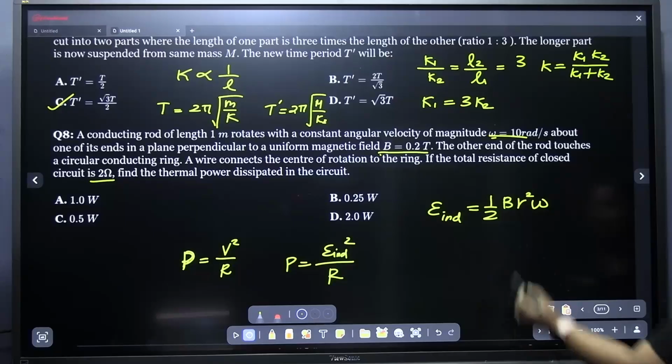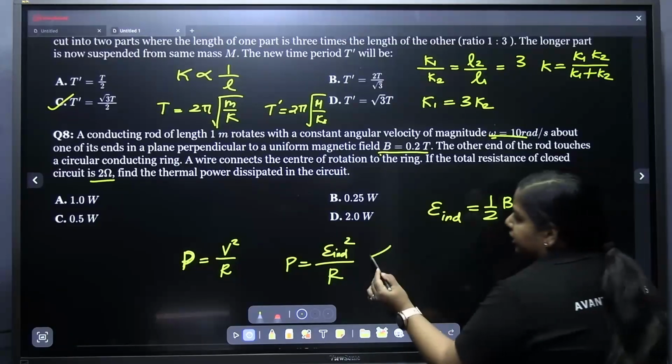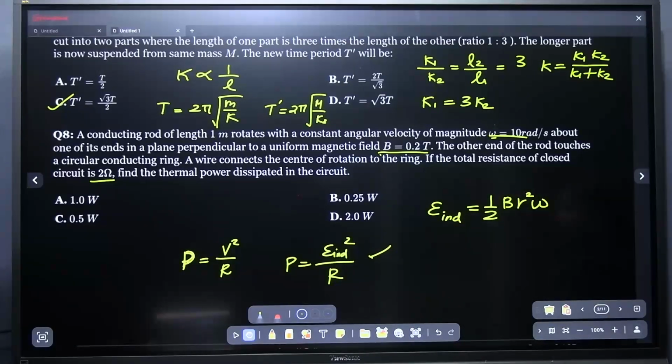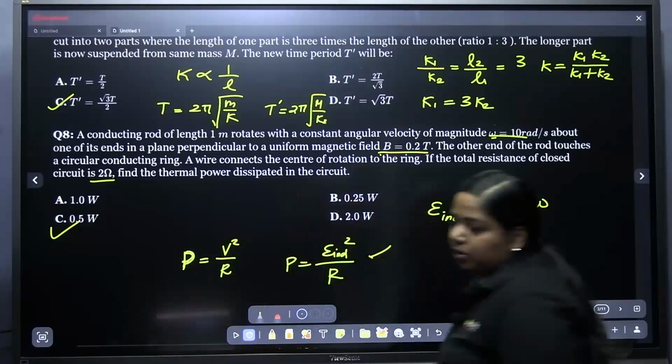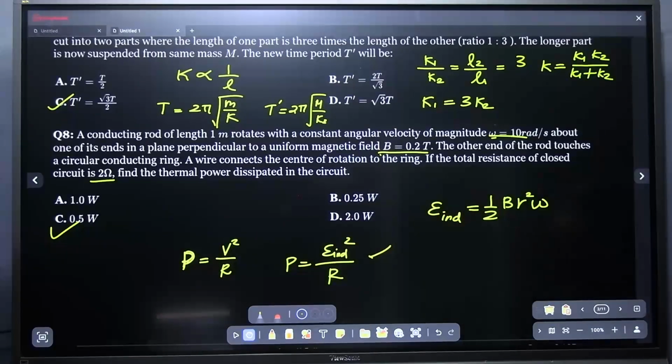All these things are given in the question. Directly substitute and then substitute it here. You will get the answer, C equal to 0.5 watt. Do you have any doubt in this? Okay, then let's move on to the next question.